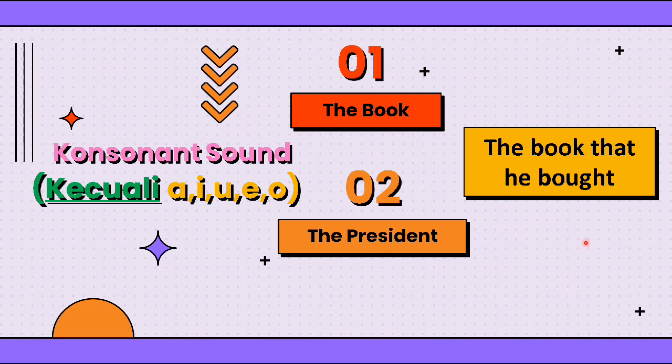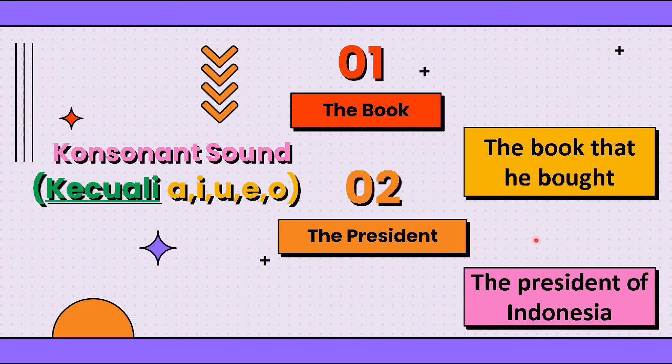Because the article is an auxiliary word to clarify the nature of the noun specifically, so the noun is not general. Then the president of Indonesia. The president of Indonesia means we are talking about the president of Indonesia, not the president of Singapore or Malaysia, so the can be paired with a noun to explain a specific thing.